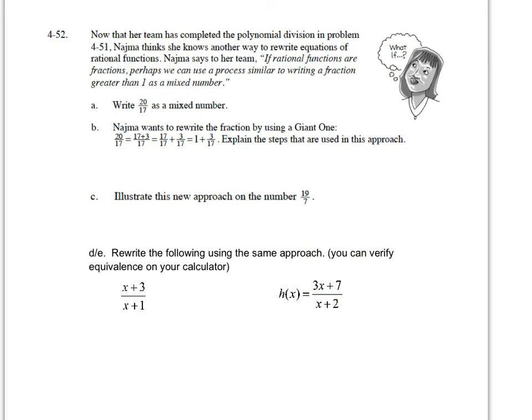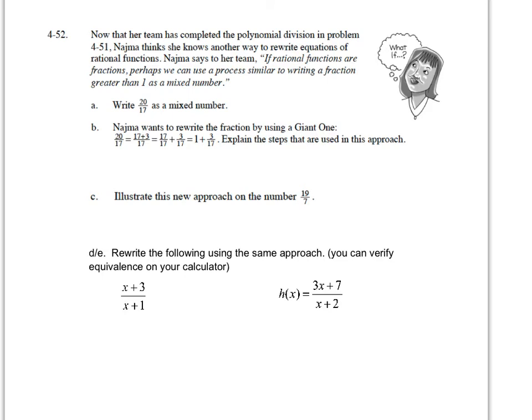Now, I know I've been spending some time in the past Algebra 2 course and some of the Pre-Calc course working on long division. A couple of you may even know synthetic division. All of you know the polynomial division. Sometimes there are faster ways to write or to divide rational expressions, and this just happens to be one of them here.